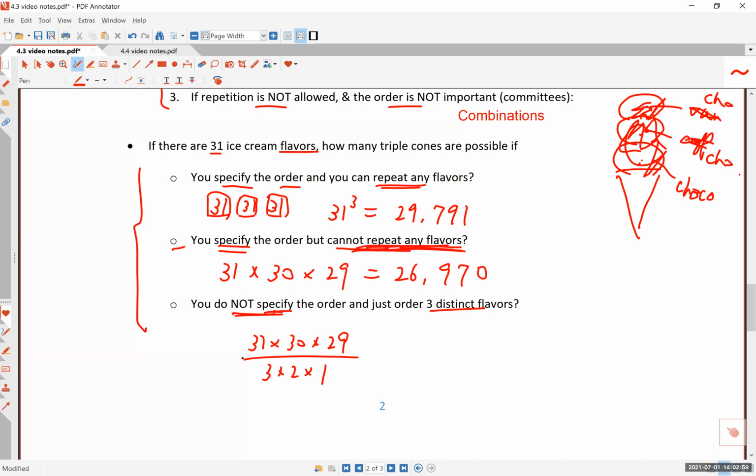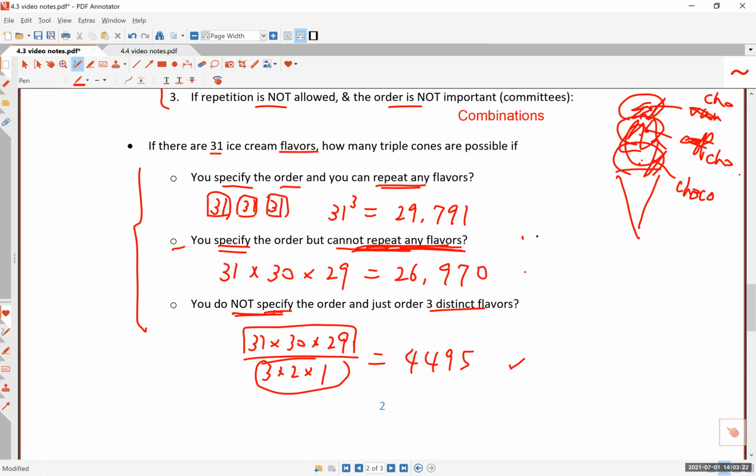So even though there are this many permutations, 6 of them are exactly the same. And so they all come in groups of 6. So you have to divide this total number by 6. And that will reduce the number to 4,495 combinations.